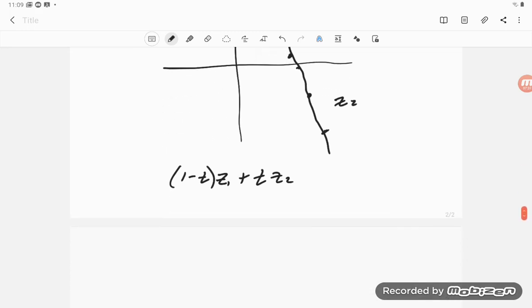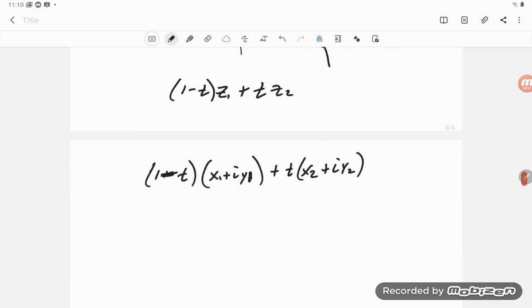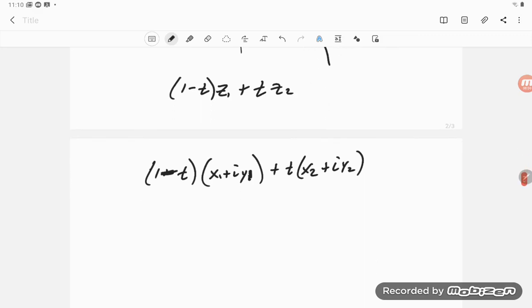And then if we did it by components, you see this is (1 minus t) times (x1 plus I y1), and then plus t times (x2 plus I y2). And so if I did it by each component, a given x would be (1 minus t) times x1 plus t x2.